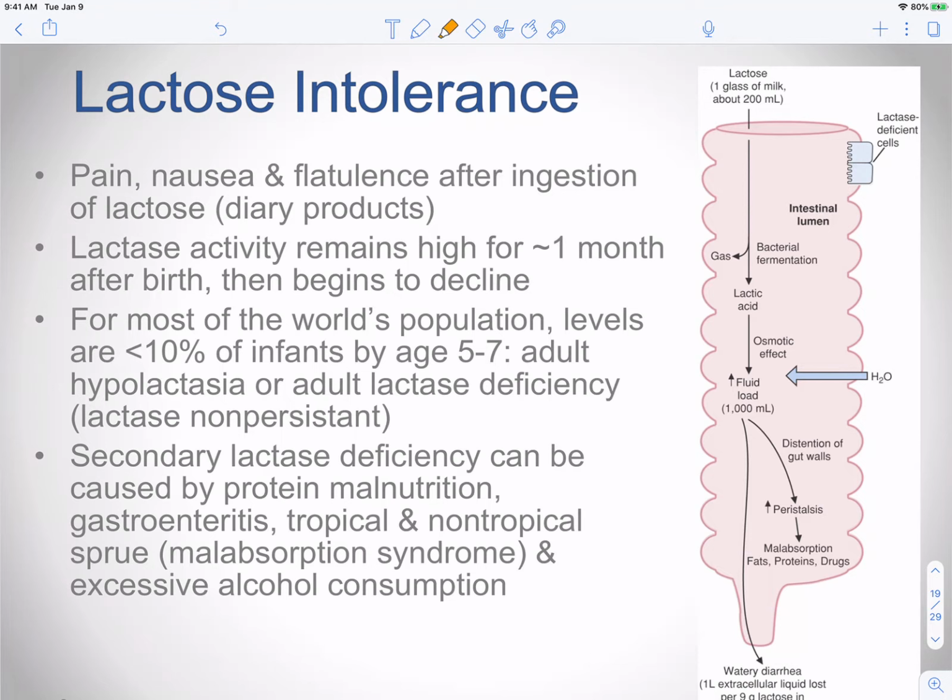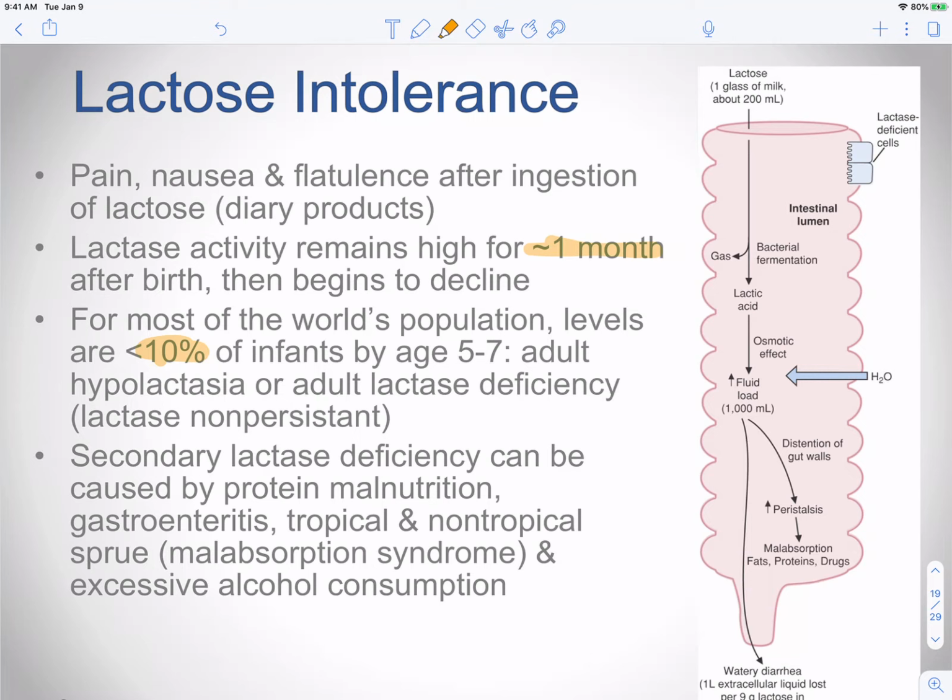Lactose intolerance is going to be associated with pain, nausea, and flatulence after ingestion of lactose. Lactase activity is high for about 1 month after birth, and then it begins to decline. Most of the world's population's level of lactase activity is 10% of what it was as an infant.